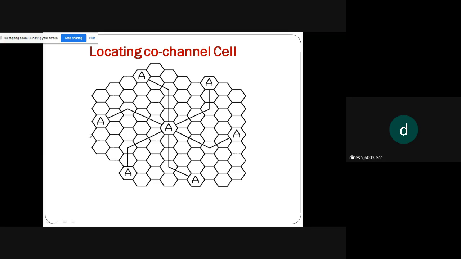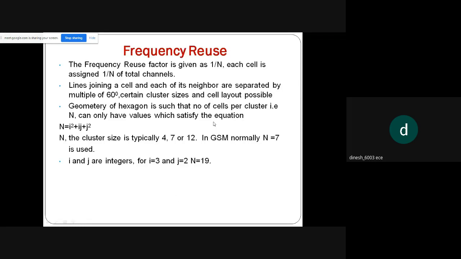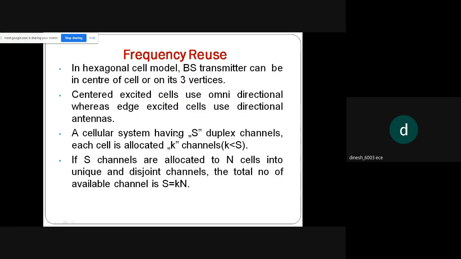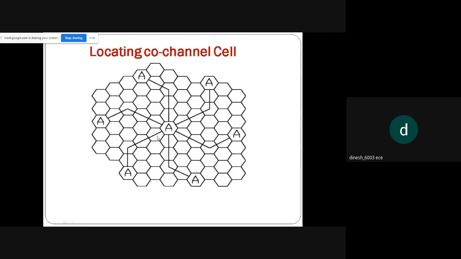How do I locate this cell amongst all the clusters? This diagram is an expansion of this one. Here I labeled A, B, C, D, E, F, G, and similarly I labeled the second cluster, the third cluster, and so on. If more clusters are available, how do I find that particular cell?